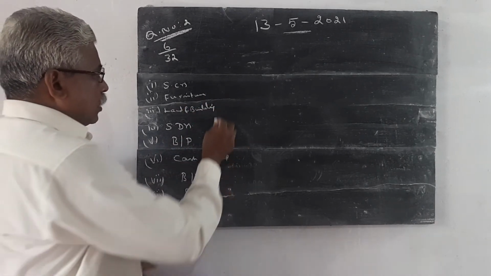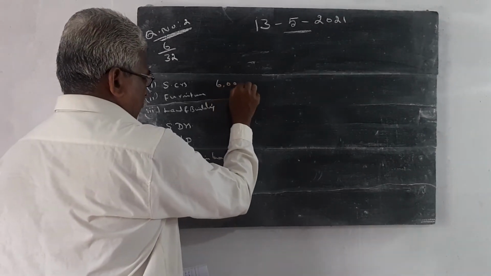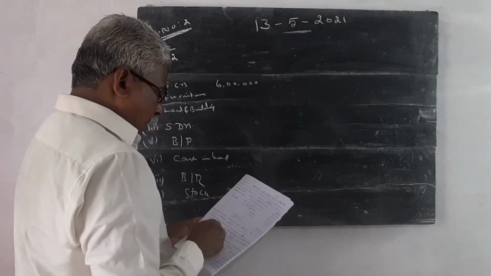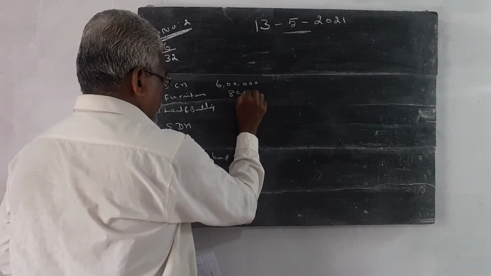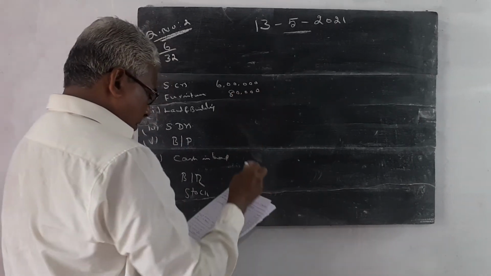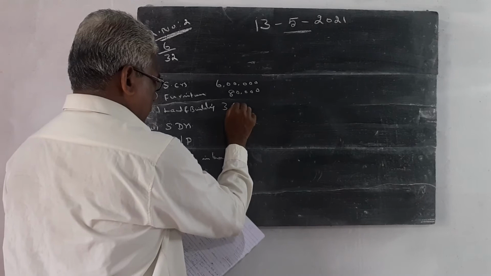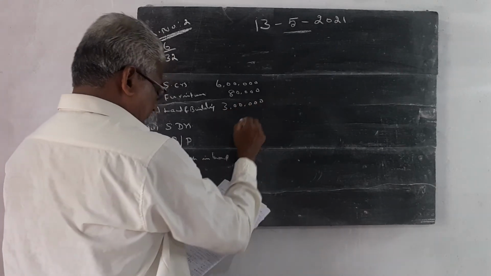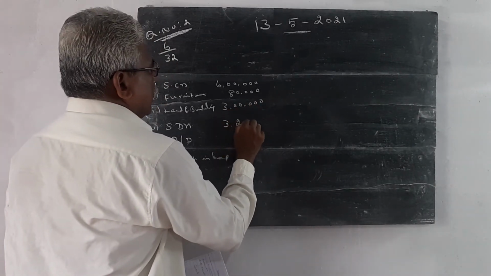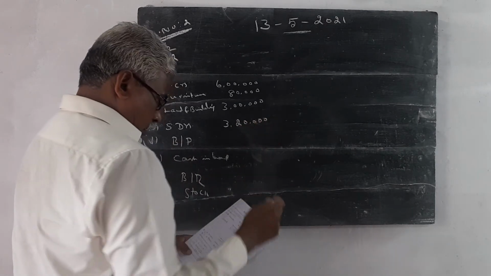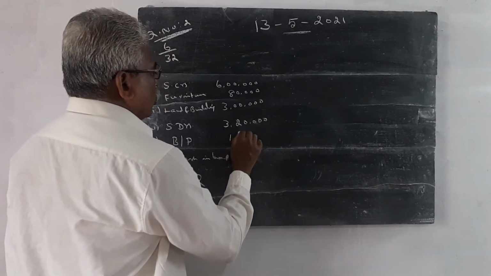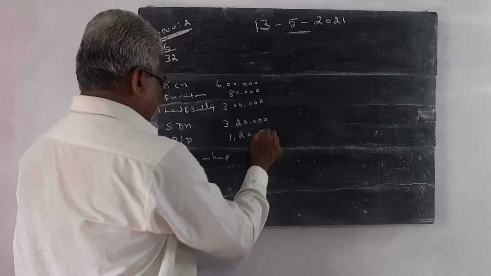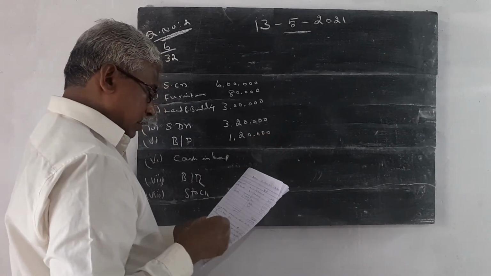Sundry creditors value 6 lakhs. Furniture value 80,000. Land and building value 3 lakhs. Sundry debtors value 3,20,000. Then bills payable 1,20,000. Cash in hand 20,000.